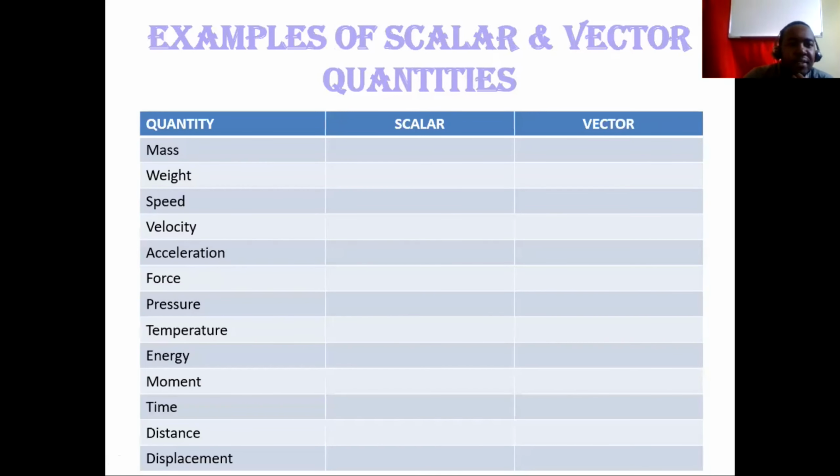So let's group these according to being vectors or scalars. I'm going to need your help. You're going to tell me which one is which. Let's go with mass. Is mass a scalar or a vector?